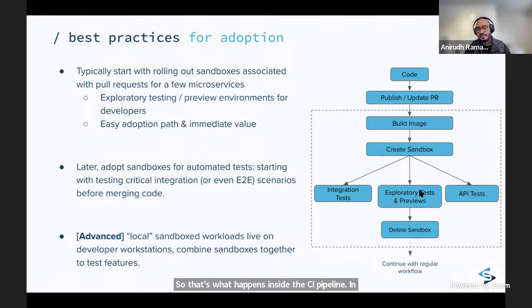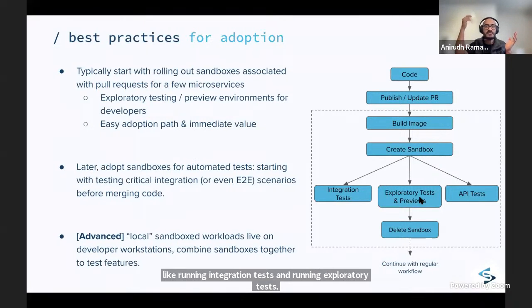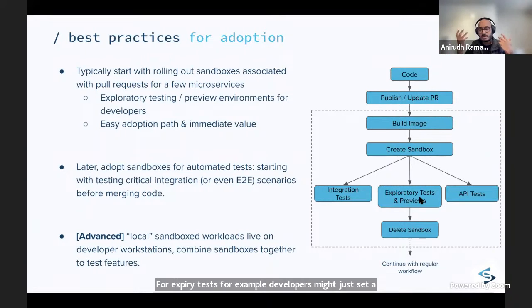And then after that, you're running integration tests, running exploratory tests. For exploratory tests, for example, developers might just set a header using an extension on the front end and exercise their change directly. And then eventually you have in CI the step that says, I'm listening to a pull request event, let's say, when the pull request is merged or closed, delete that particular thing.